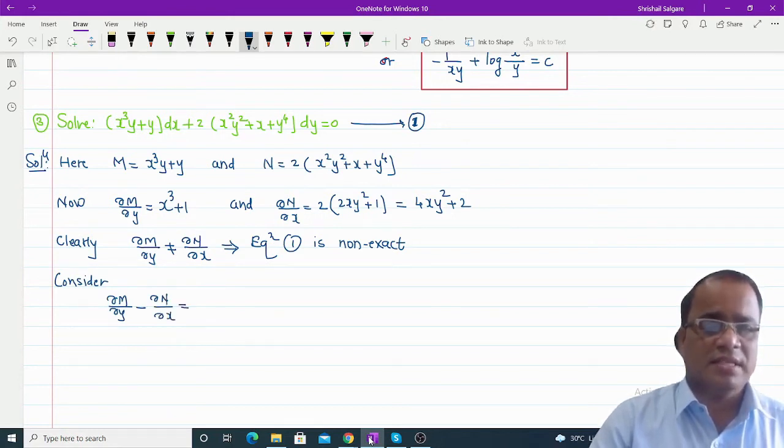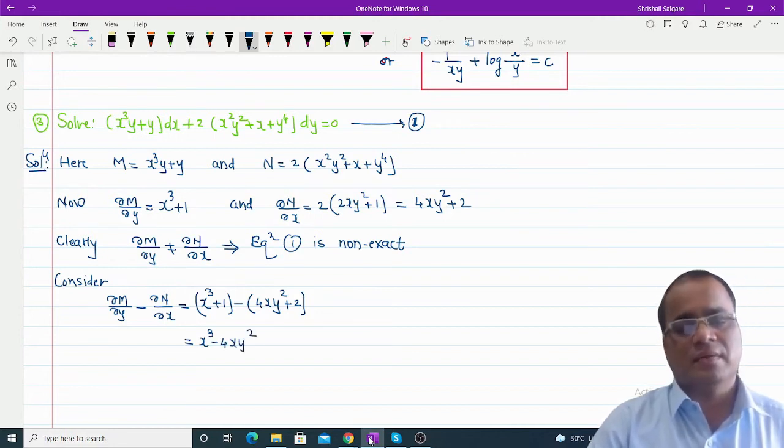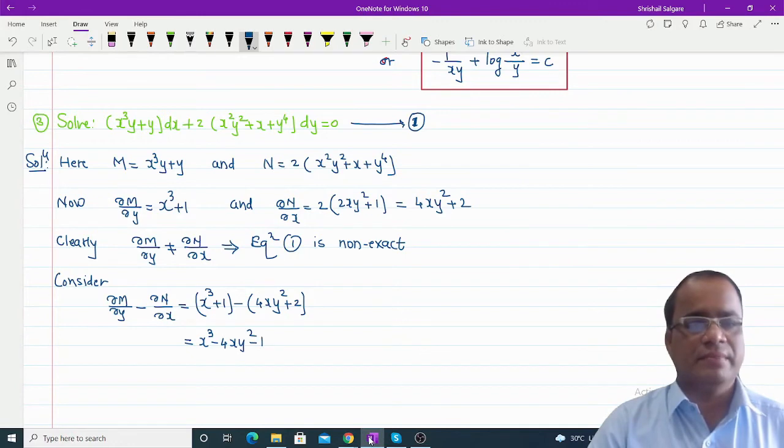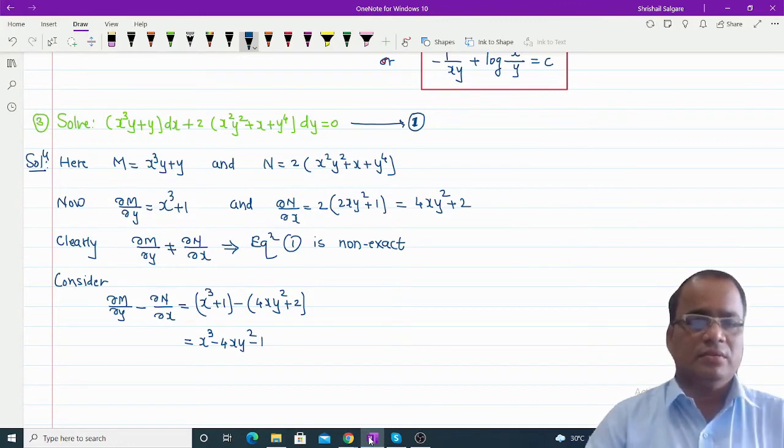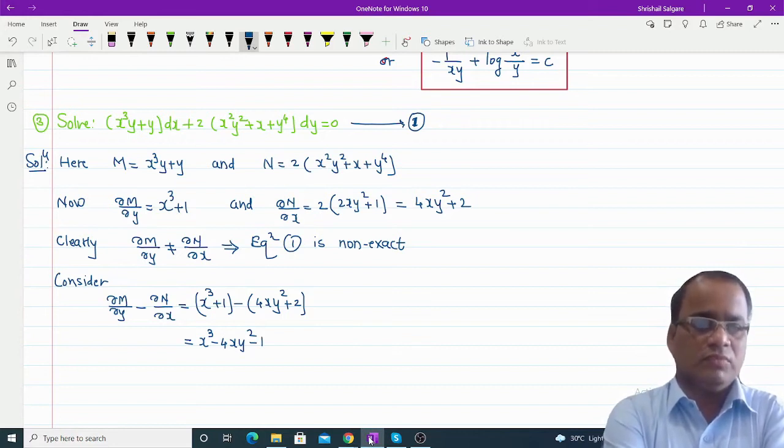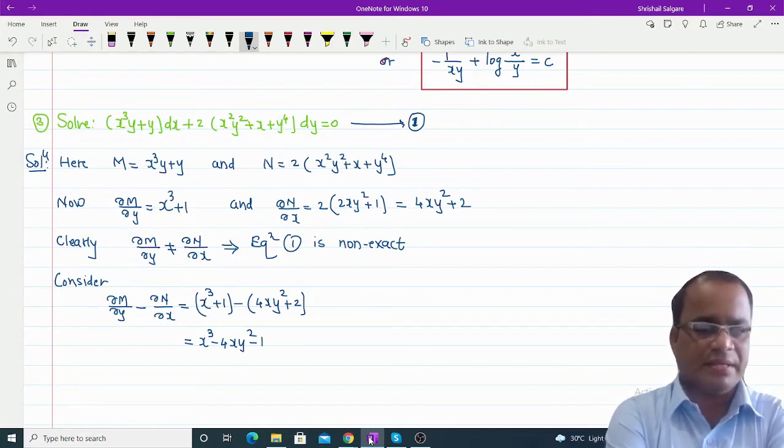So this is given by x cube plus 1 minus (4xy square plus 2). And if you simplify this, it comes as x cube minus 4xy square. What is the next term? Minus 1. So what I have to do? Check the calculations whether I am correct.